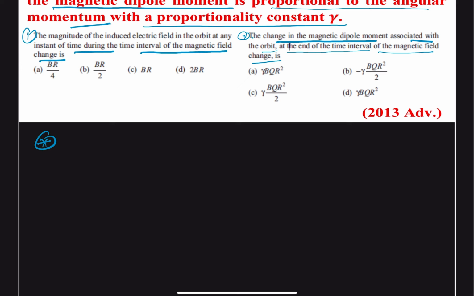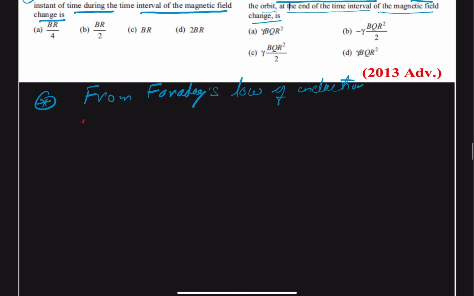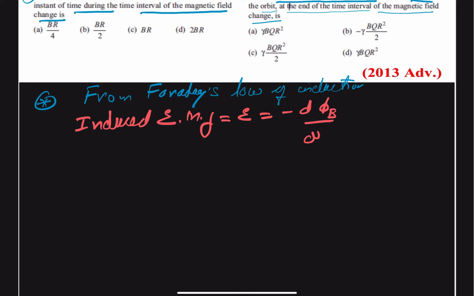So we say from Faraday's law of induction, induced EMF is equal to minus d phi B by dt.